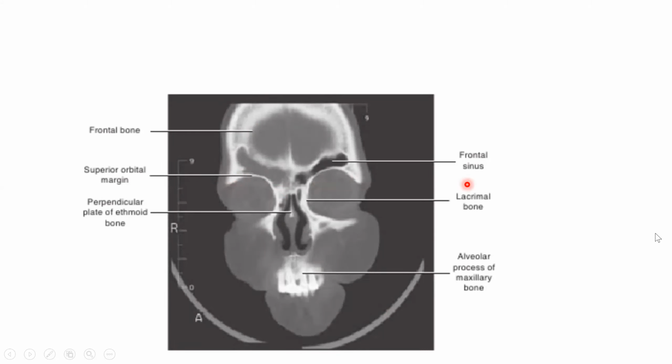This is the left orbit, part of the frontal sinus on the left side, alveolar process of the maxillary bone, the medial wall of the orbit, which is partly formed by the lacrimal bone, and the nasal septum, which is formed also in the posterior aspect by the perpendicular plate of the ethmoid bone, as I showed you on the plain X-ray, that you cannot see it very well on the plain X-ray. So on CT, you will see very well.